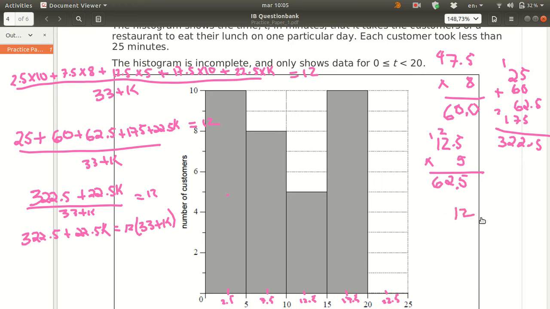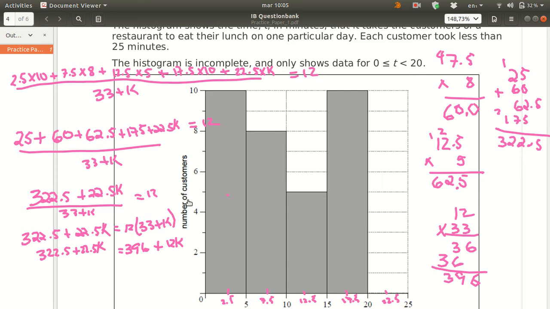So 12 times 33. 3 times 2 is 6, 3 times 1 is 3, so 396. This is 396 plus 12k, which is equal to 322.5 plus 22.5k, and this is a linear equation.